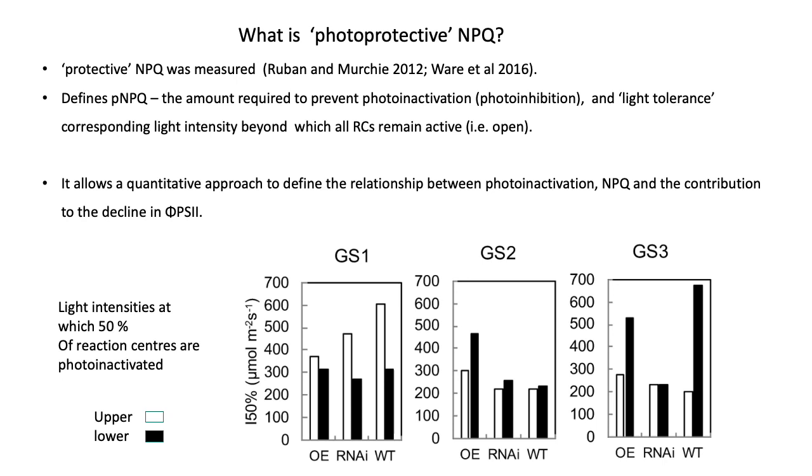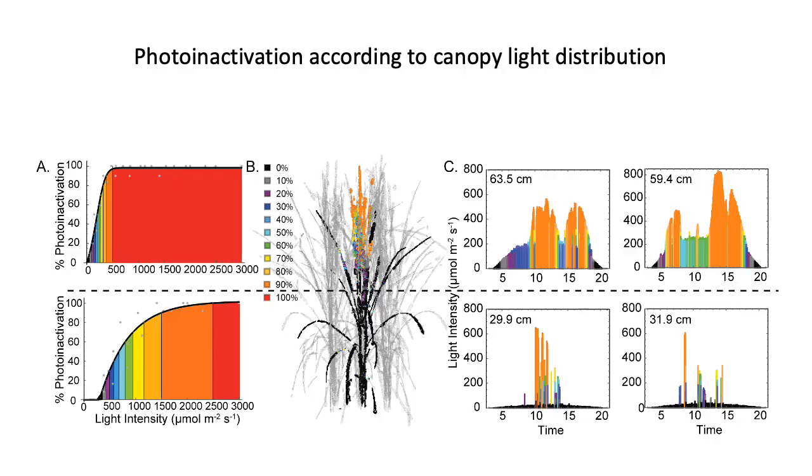It is generally considered that leaves exposed to high light will have a higher light tolerance. This figure expresses that in a different way. We can see examples of light fluctuation within the canopy in upper and lower regions on the right hand side of this slide.